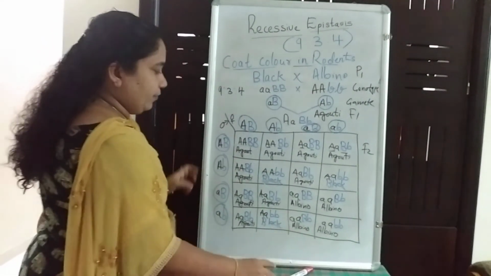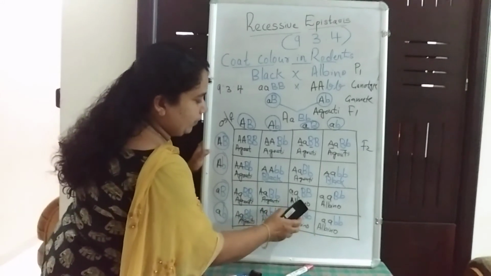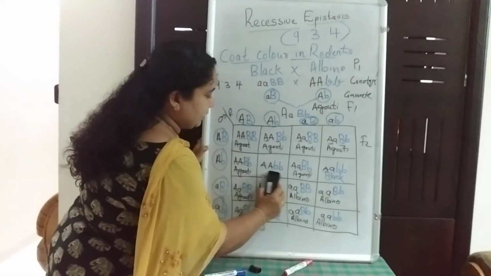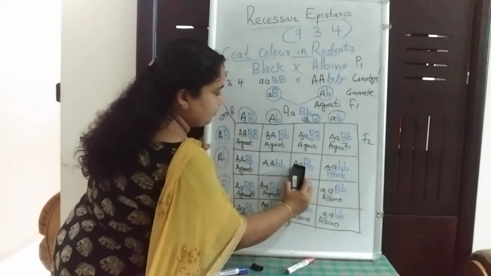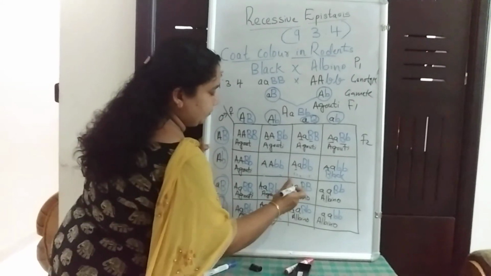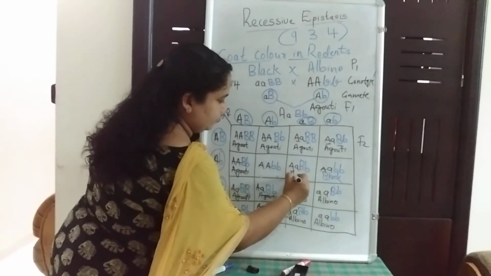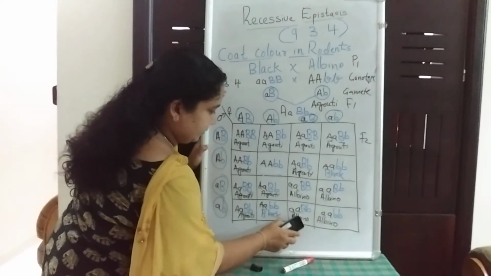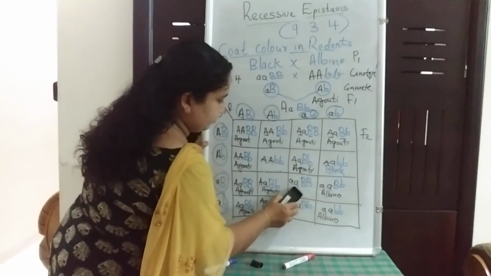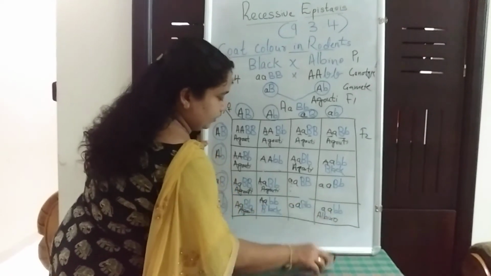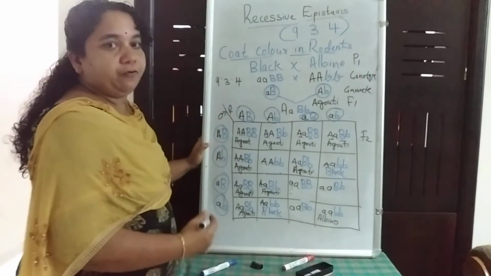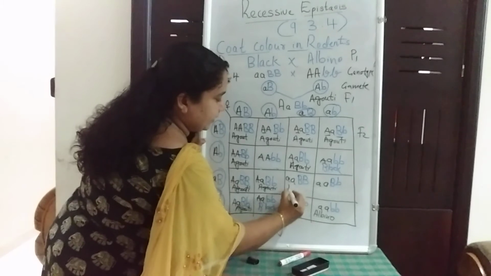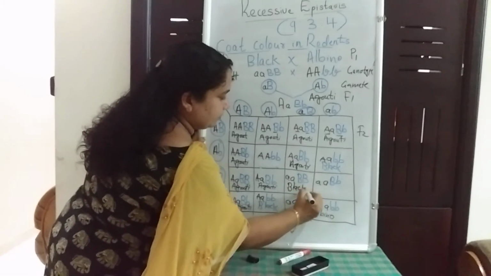In another way, we can change the writing. It is agouti. If we take this B as the expression for black color, we can write this as black.